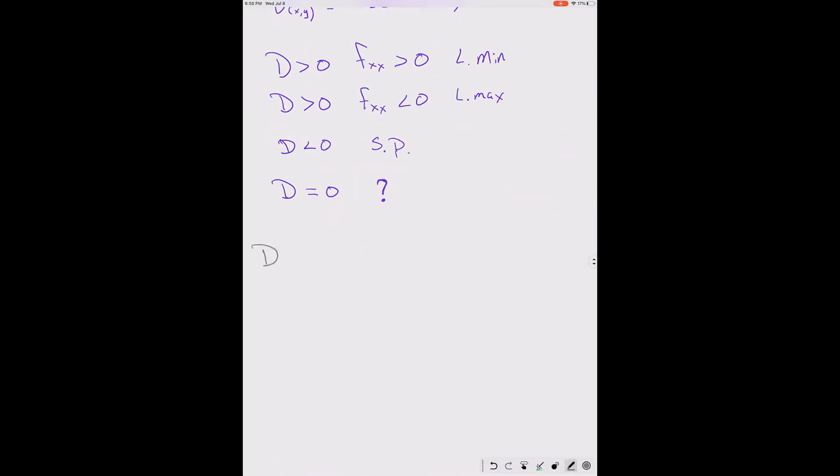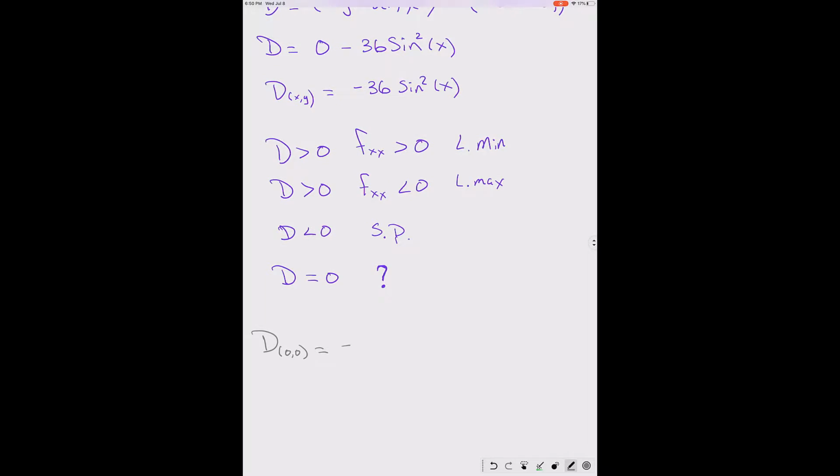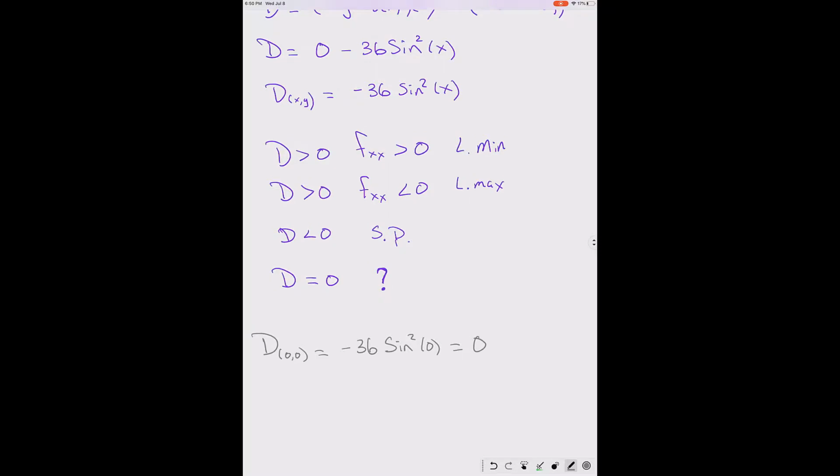So this would be the D evaluated at 0, 0. And when we do that, we'll get minus 36 times the sine squared of 0. And the sine of 0 is 0, and 0 squared is 0. So the end result is 0. Okay, so we're not really sure what's happening at that point, 0, 0.